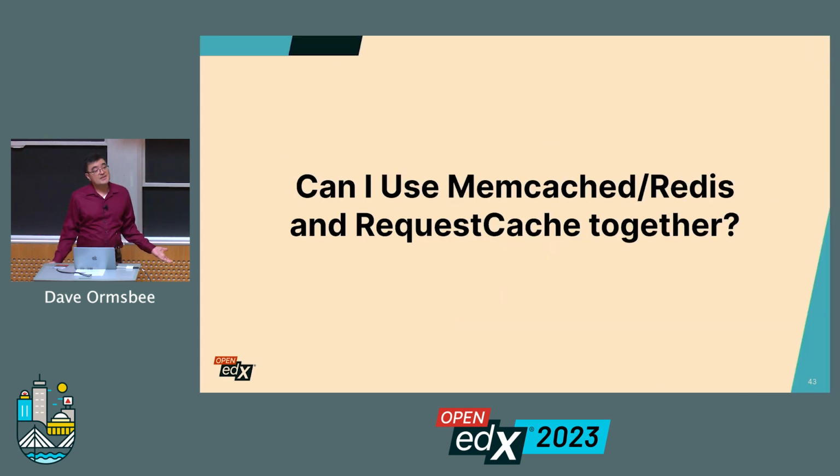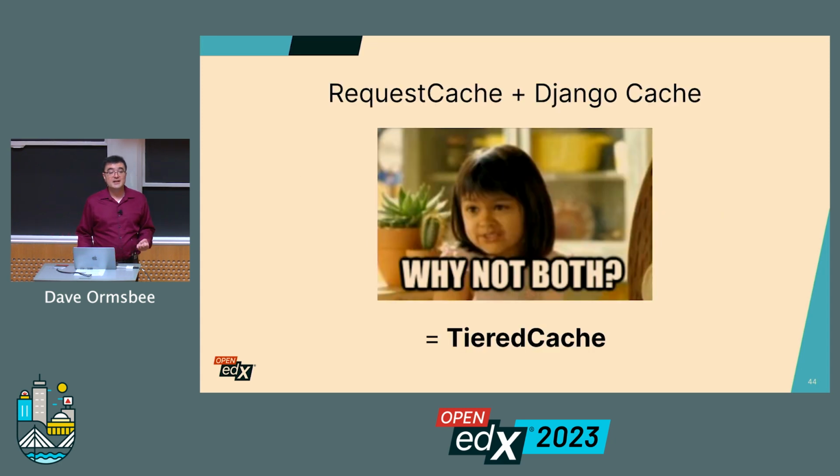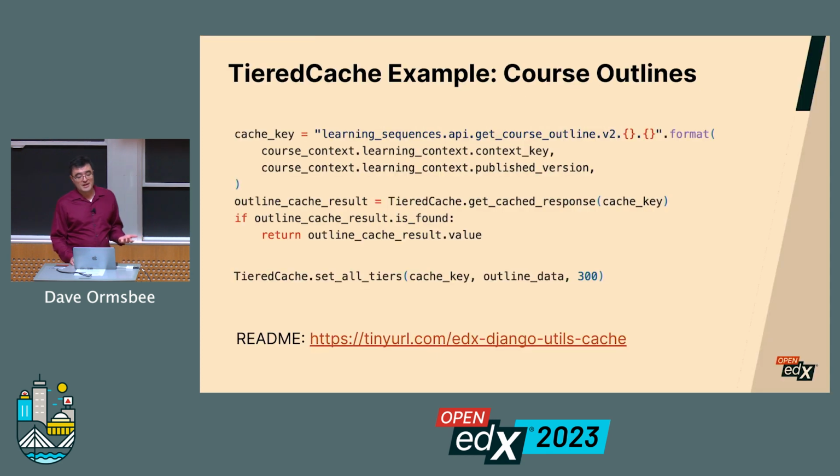You might also ask, can I use Memcache and Redis together with request cache? And the answer is yes. In fact, this was such a common use case that they created tiered cache to do exactly this. So tiered cache looks a lot like the API for request cache, except you don't get your own namespace because you just have a long cache key, and when you do the get, first it's going to check the local request cache to see if it's already been fetched.